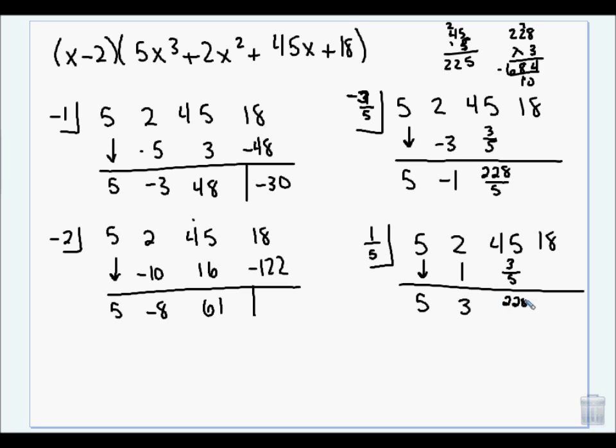So that's 228 fifths, but when I do that, I get 228 tenths, but it's positive, so it doesn't work. Let's try negative.